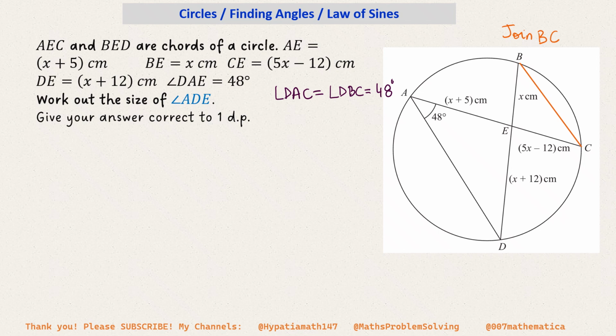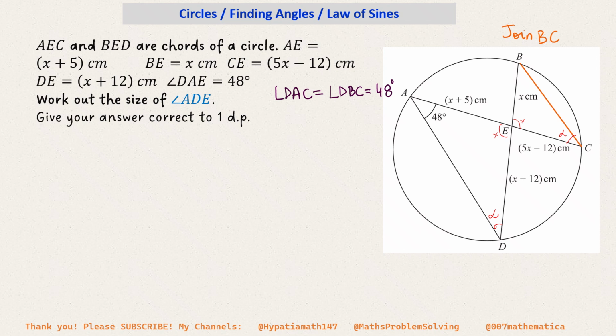It doesn't give us what angle AD is, but what it does do is it gives you two triangles. If this was alpha, this would also be alpha, and this angle would be equal to the vertically opposite angle. So it gives you two similar triangles, and then using the properties of similar triangles, you can find out what x is.